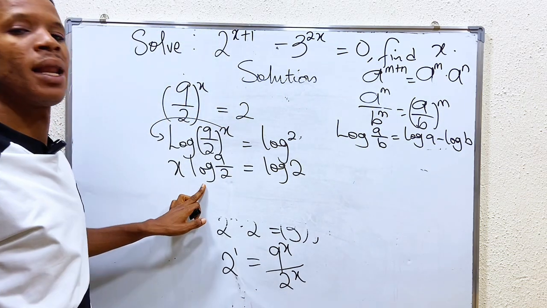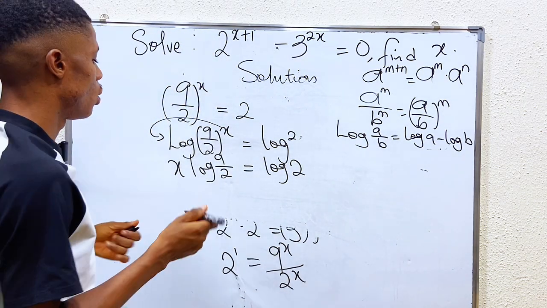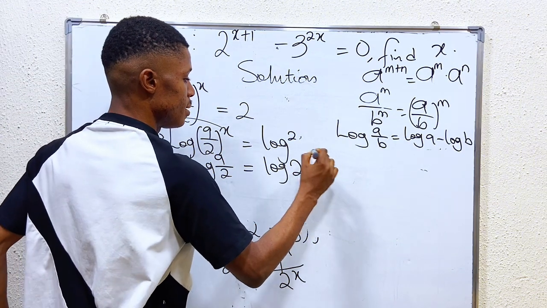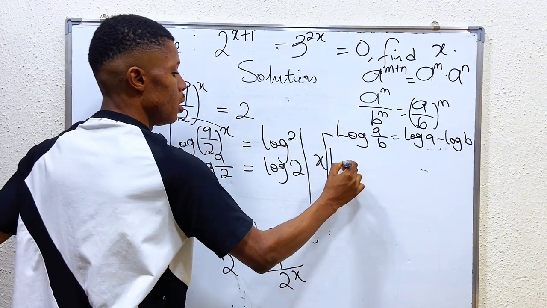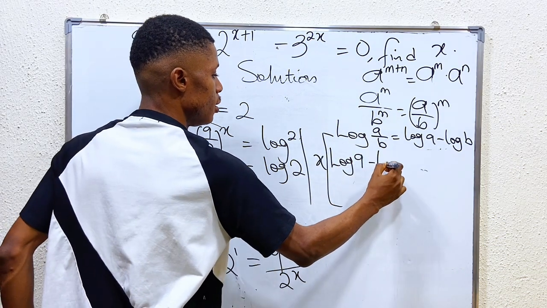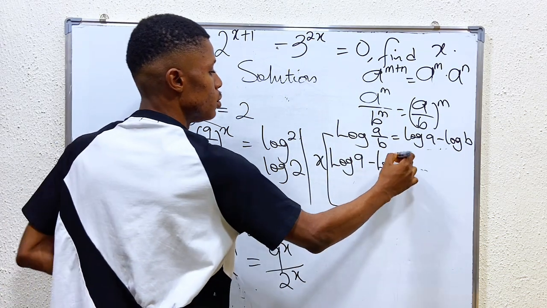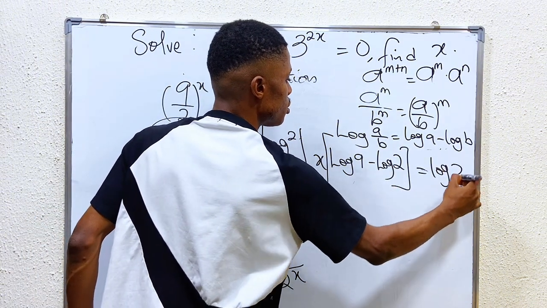So we are going to apply it here. So here we have x into log 9 minus log 2 is equal to log 2.